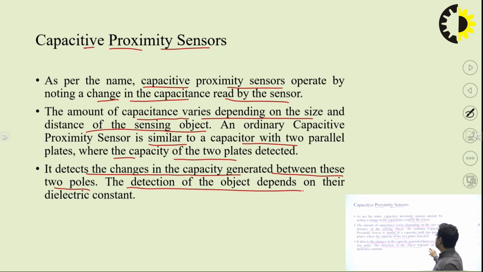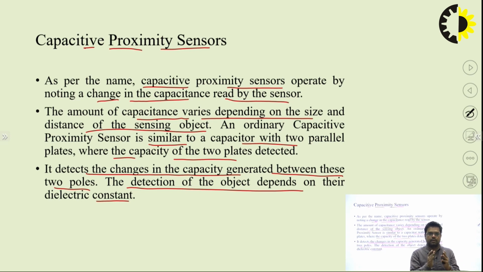The detection of the object depends upon its dielectric constant. Basically, in the sensor, air is neglected.